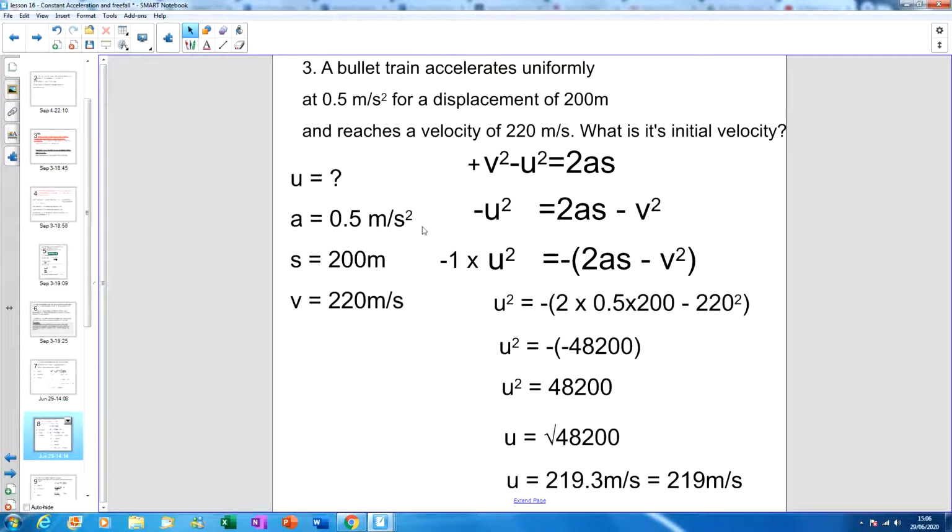So I times -1 on both sides. Well, why have I done that? Well, if you times the left hand side by -1, you have to do the same to the right hand side. But all of that really does, anything times by 1 is itself, and the minus sign will just swap the positive to a negative.